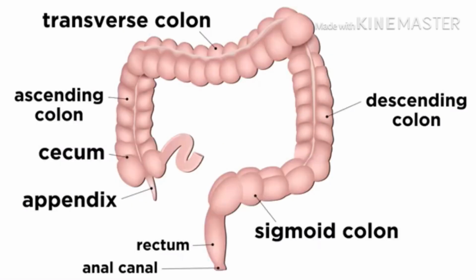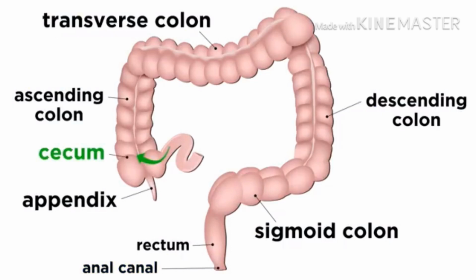It is also split into regional subdivisions: the cecum, the appendix, the colon, the rectum, and the anal canal.